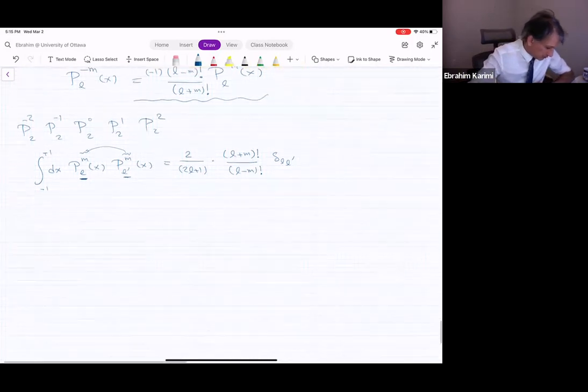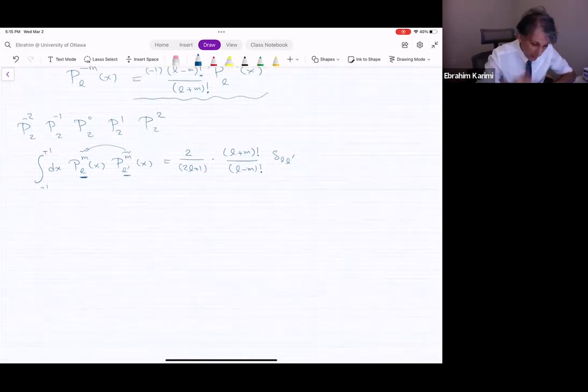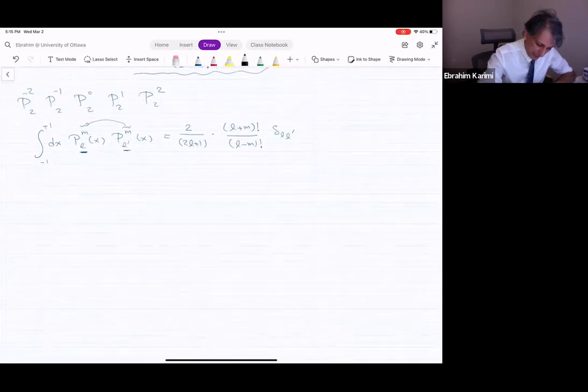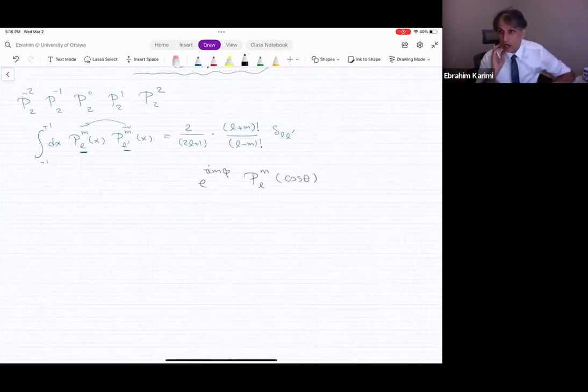Anyway, so now let's go back to the azimuthal and the theta part of our expansion, which we call the solid angle part of the expansion.